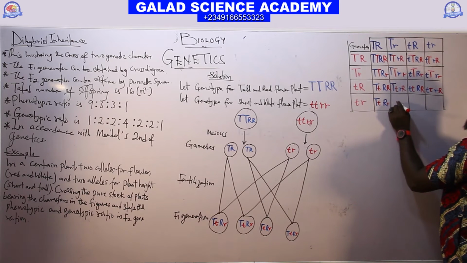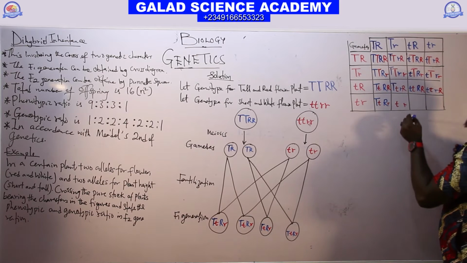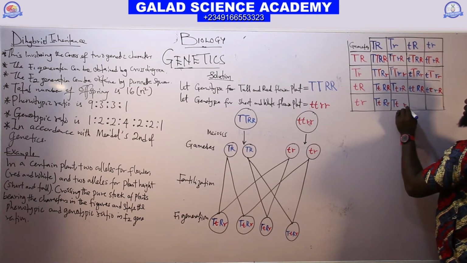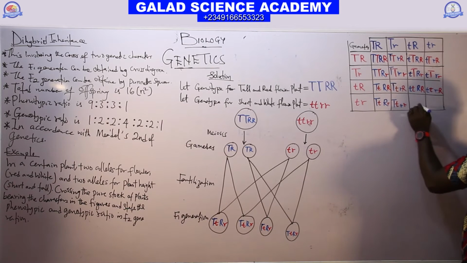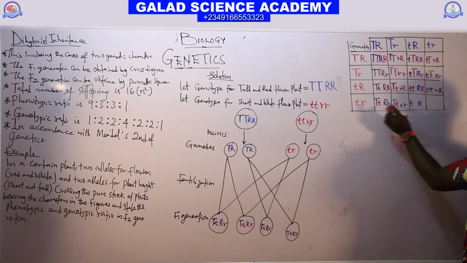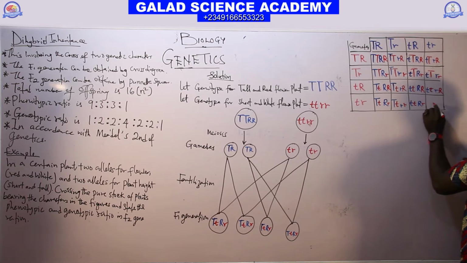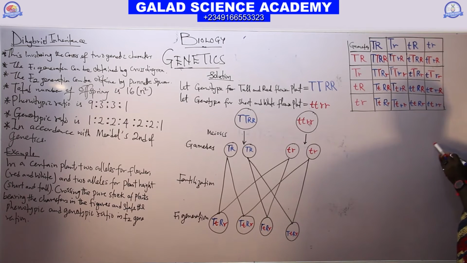Here we have small t, small r. Up we have capital T, small r. Here we have small t, small r, small t, small r, small t, small r.